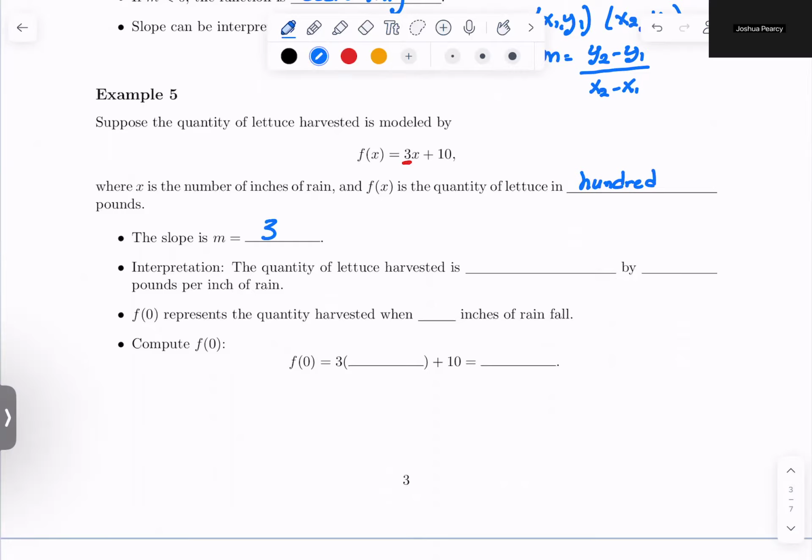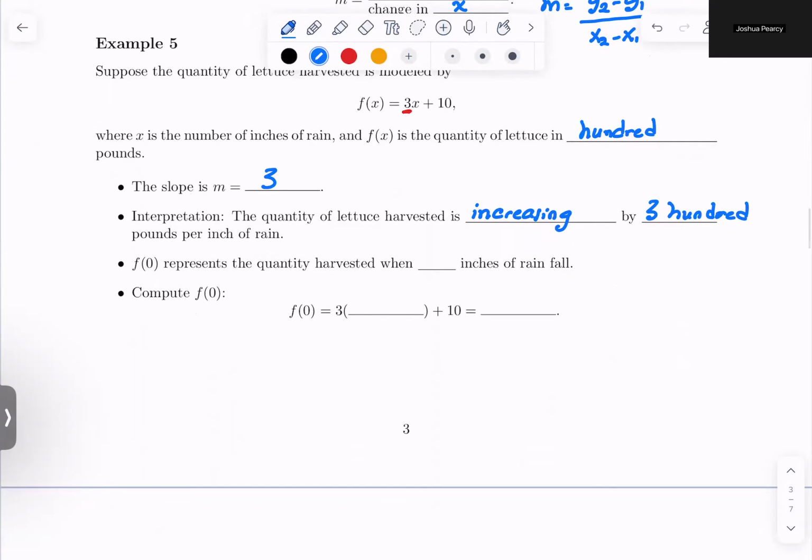So the quantity of lettuce harvested is now here. This 3 is positive, so it's increasing by 3. And remember, what are the units? It's 100 pounds. So 300 pounds per inch of rain.